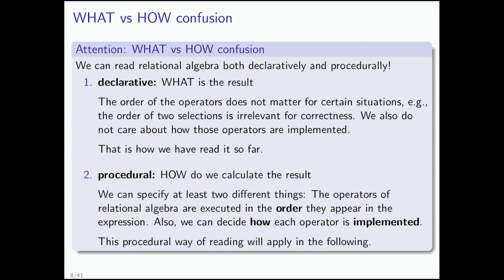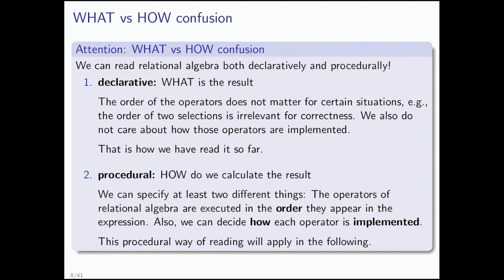It doesn't matter in which order you specify those operators, as long as the result doesn't change, as long as the semantics of the query doesn't change. So the order of the operators doesn't matter for certain situations. For instance, the order of two selections is completely irrelevant for the correctness. Right? Whether you first filter on A and then on B, or first on B and then on A, doesn't matter for the result of the query.